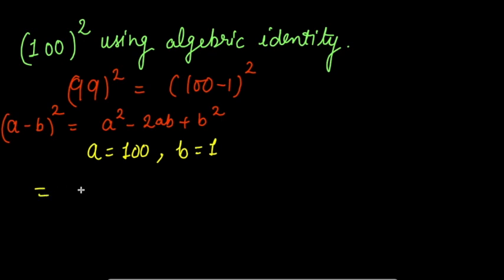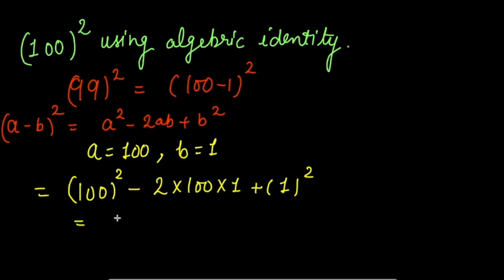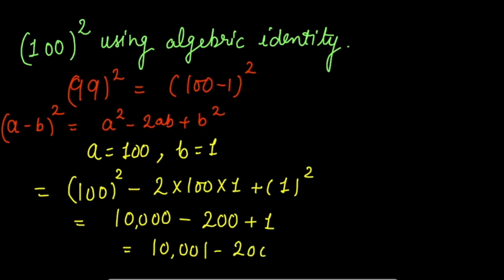On substituting the values, a square means 100 square, minus 2ab means 2 into 100, my b is 1, plus 1 square. 100 square means 10,000, minus 200, plus 1, which gives you 9801. 9801 will be the square of 99.